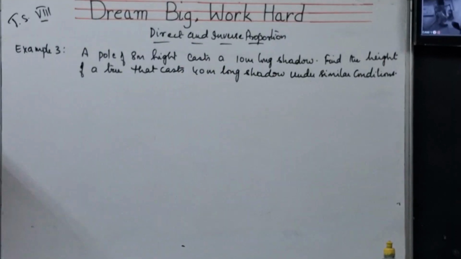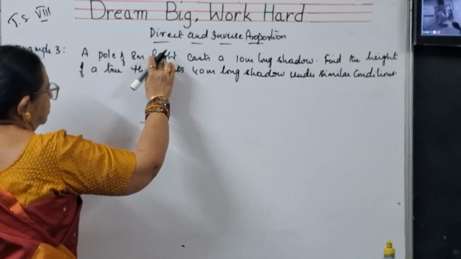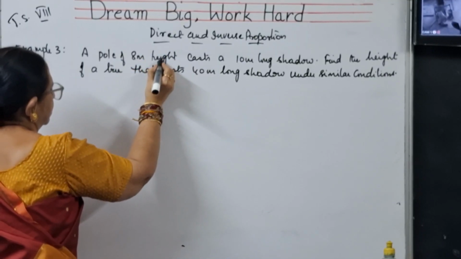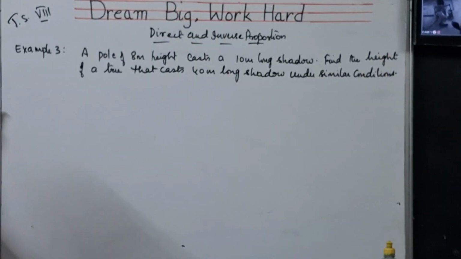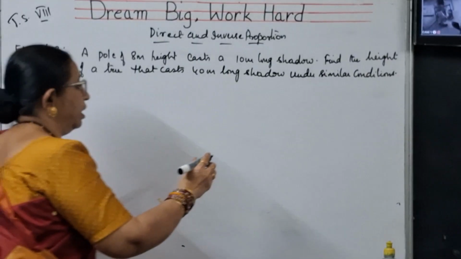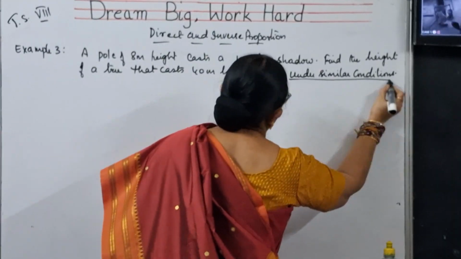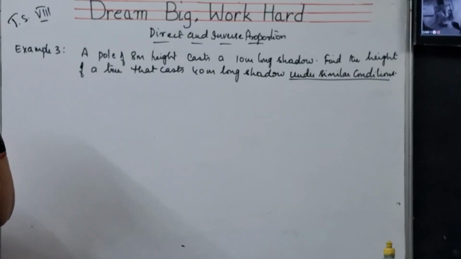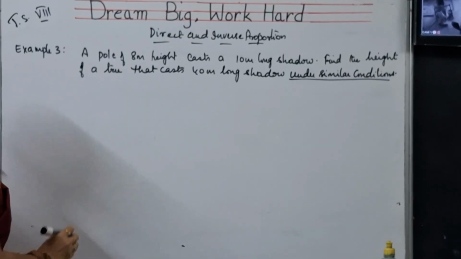Now example 3. A pole of 8 meters height casts a 10 meters long shadow. Find the height of a tree that casts a 40 meters long shadow under similar conditions. So the clause here is under similar conditions. Conditions are same means the shadows also will have same proportion. So what can we take?